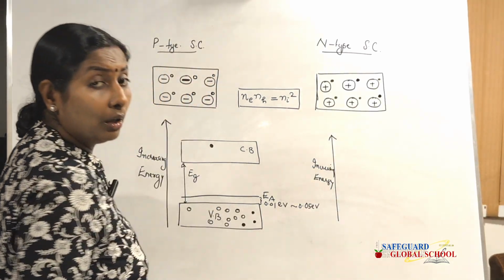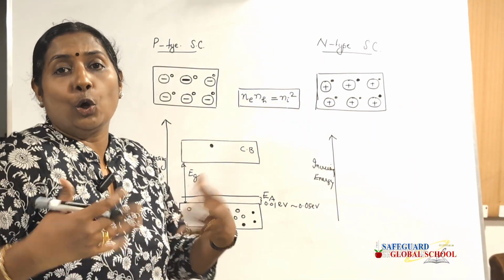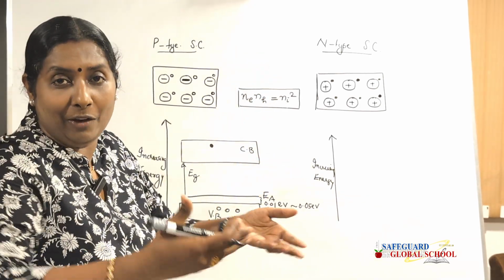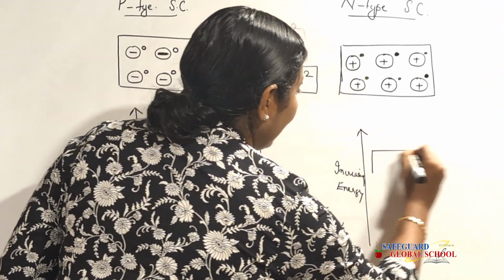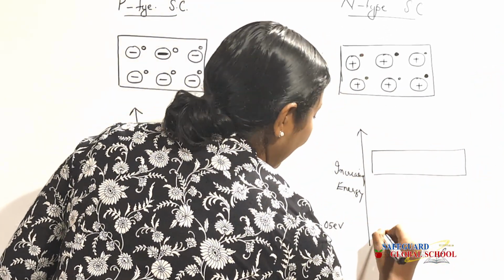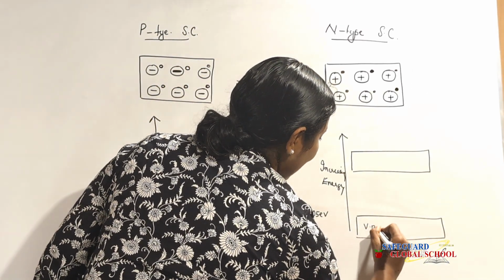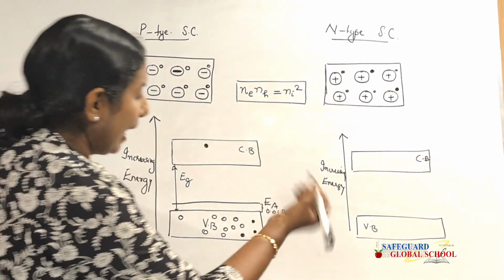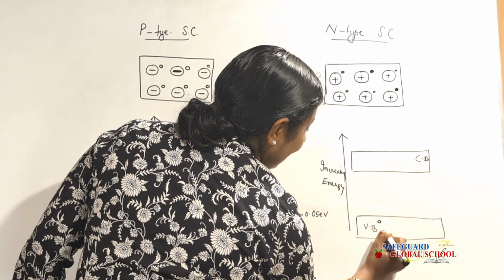It consists of donors. So we know in human beings also, when they are donors, their mental level will be too high, right? To give something, our mental level should be too high. Like that, if there is a conduction band here, and here there is a valence band, you can draw. And the valence band will consist of electrons.